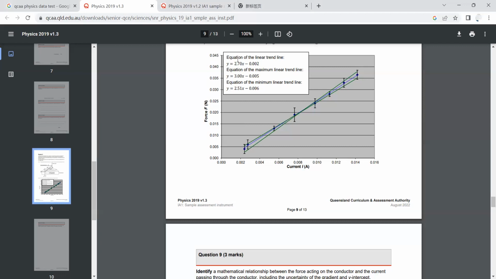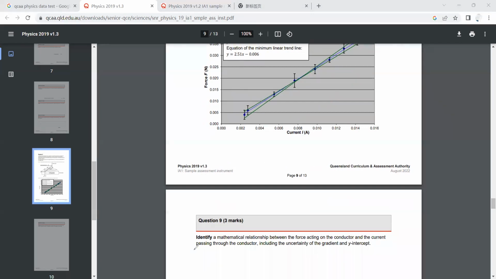So let's write them down. Uncertainty of the gradient.